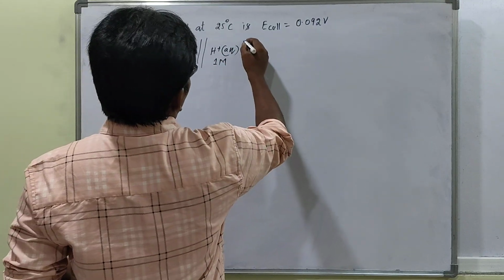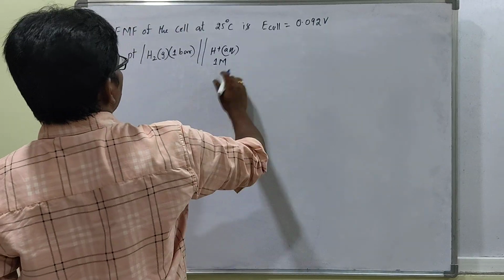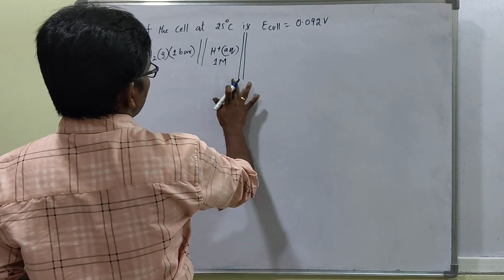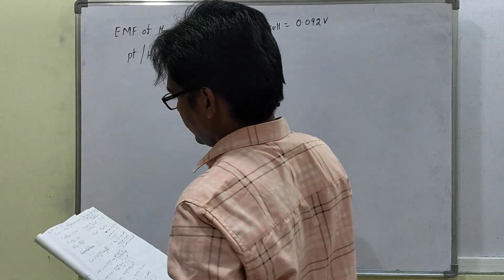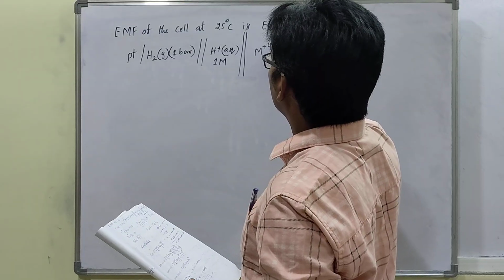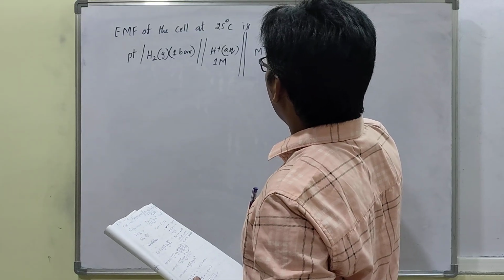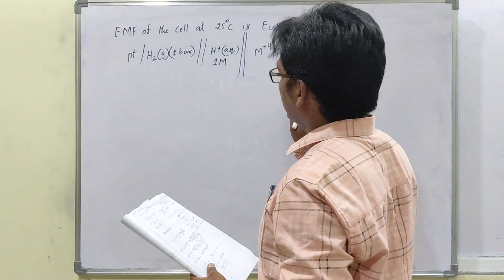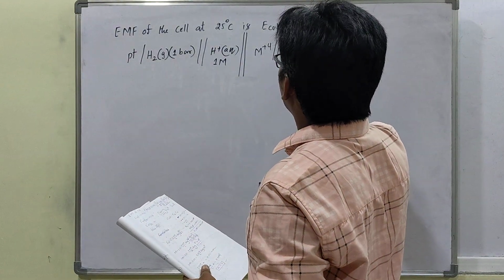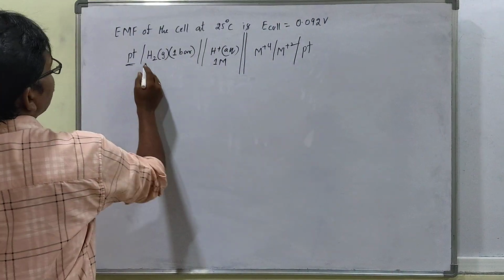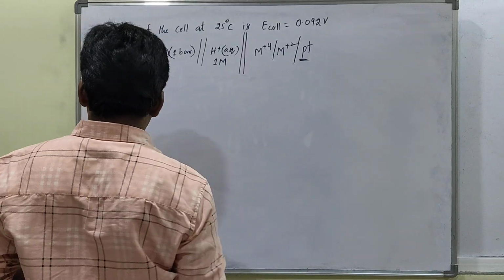Up to here is one half cell, then the double line is actually a salt bridge. Then M4+ and M2+ are mentioned, then platinum electrode. Both are inert platinum electrodes.